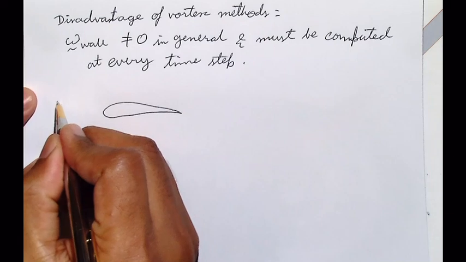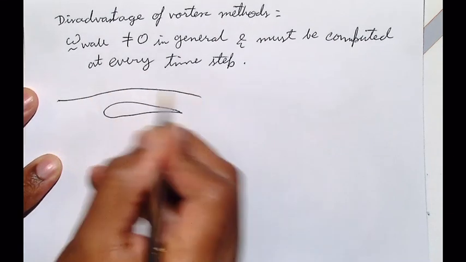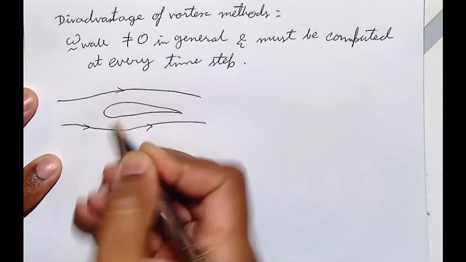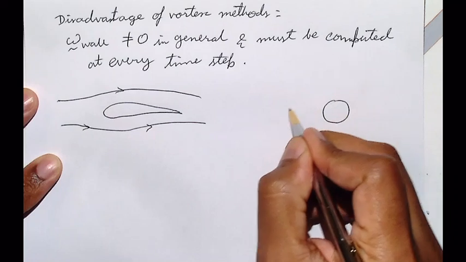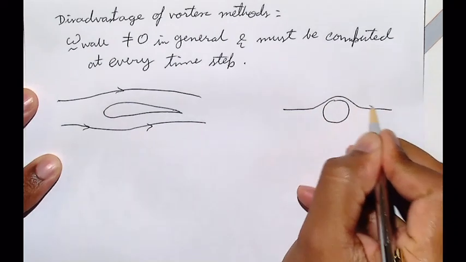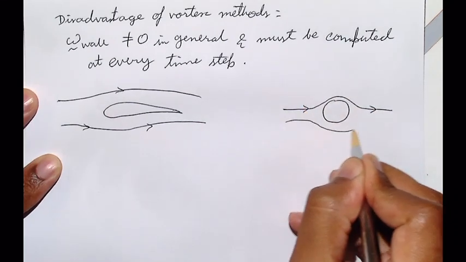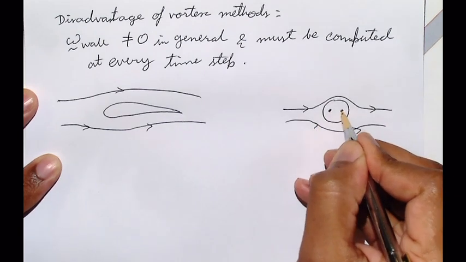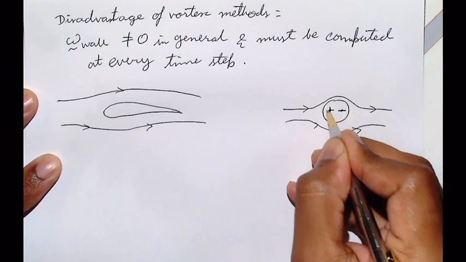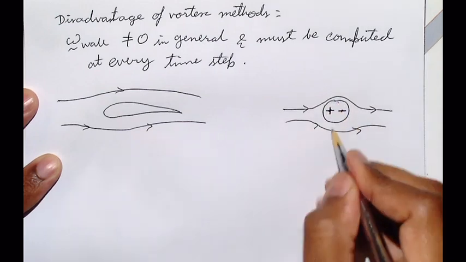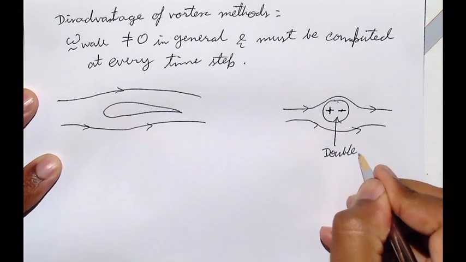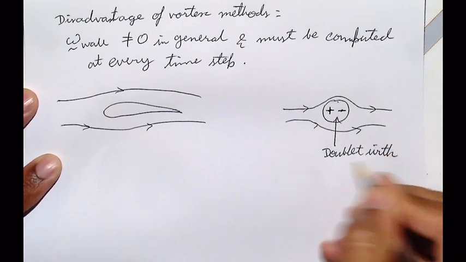The way you can represent a body in a flow, for instance, the cylinder was the simplest example. Okay? What you would do is you would introduce a source and a sink. A doublet basically. So introduce a doublet with appropriate strength.